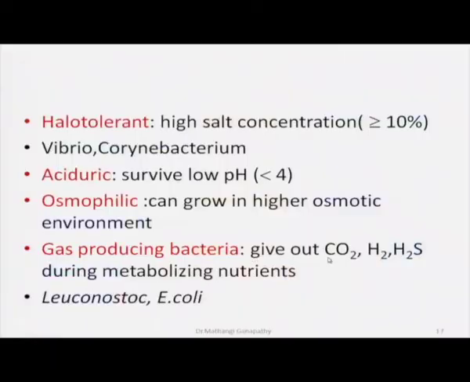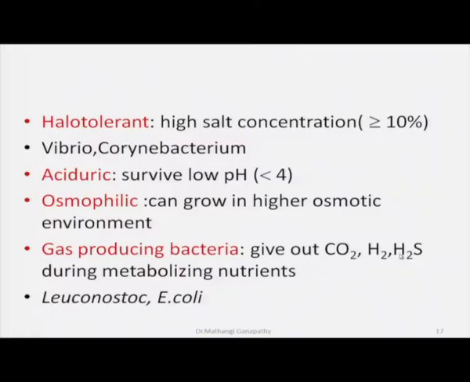Then you have the gas producing bacteria. These gas producing bacteria give out carbon dioxide, hydrogen sulfide, etc. while metabolizing the nutrients. This evolution of carbon dioxide, we already saw how it is utilized in the bread industry, because that is what gives the spongy texture. But as I also said there, the bread will collapse if there is too much fermentation and an excess of carbon dioxide production.